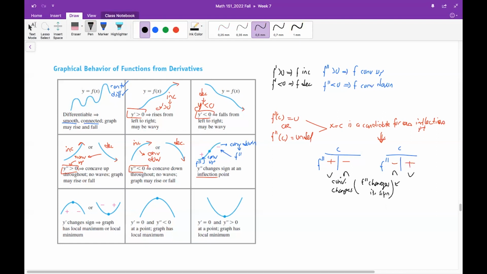If this is the case, then you can now call x equals c an inflection point, okay? Inflection point. So inflection point is the point where the concavity changes or where the second derivative changes its sign. This is how you should check whether a point is an inflection point or not.